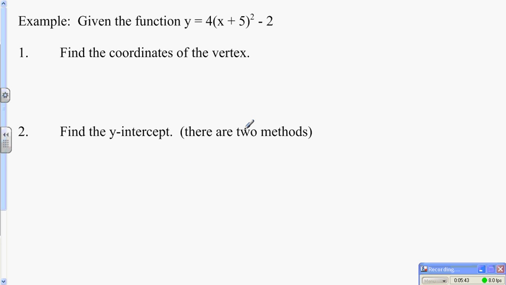All right, our last question. Given the function y equals 4 times (x plus 5) quantity squared minus 2, find the coordinates of the vertex. Now remember, if it's y equals x squared, it has a vertex at the origin and would look like this.